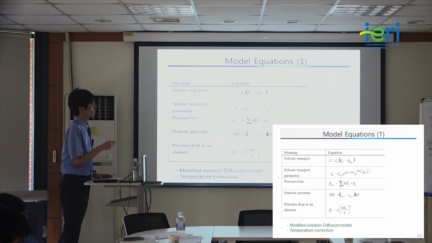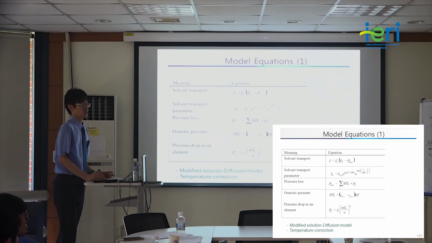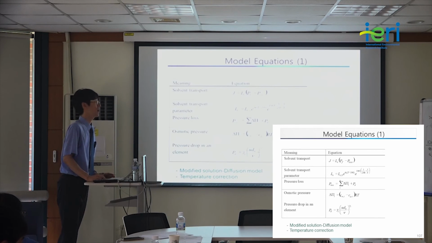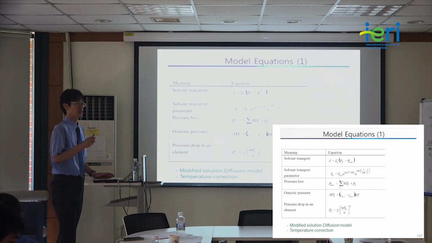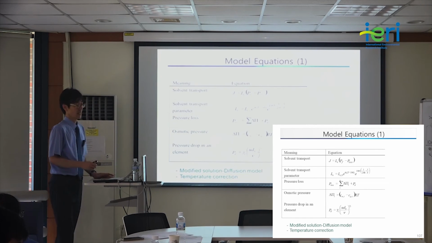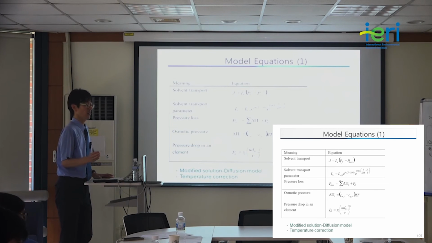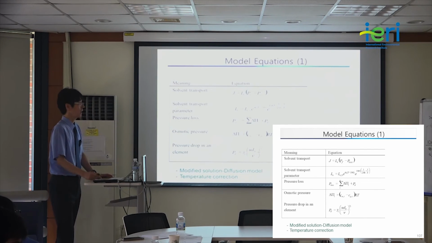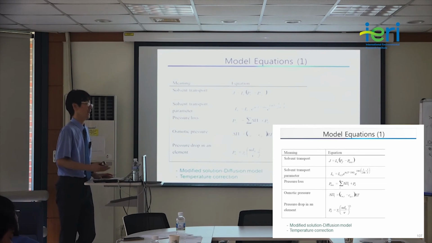So, for example, if you have the osmotic pressure of 20 bar and if you apply the pressure of 40 bar, and if there's no other losses, in such cases, the net pressure is 20 bar and the flux is, let's say, 10 LMH.